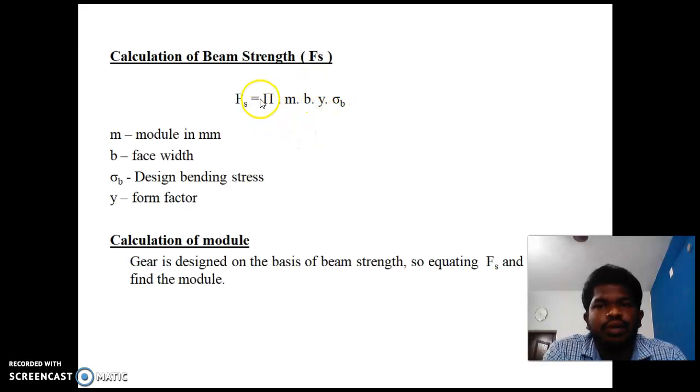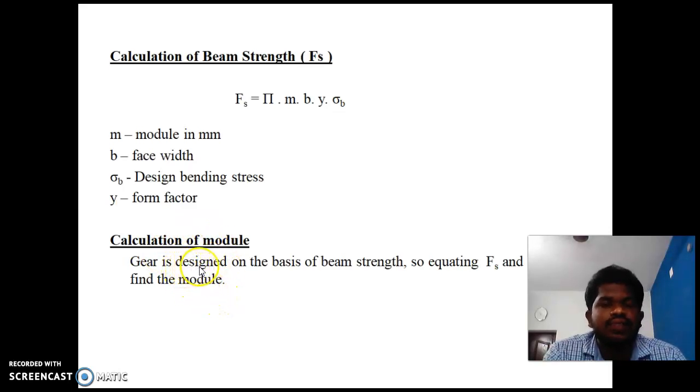So in this problem, up to this step, we have selected the material, and calculated the number of teeth on the gear and pinion. Next we calculate the tangential load, dynamic load and beam strength. Next is the calculation of module. Next we are going to calculate the module value.